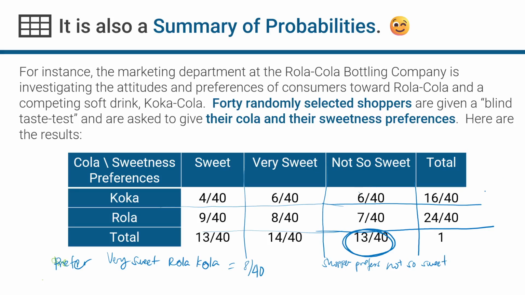So, what is the probability that the user prefers Coca-Cola? Okay, prefers Coca-Cola. So, that's it. But, what is the probability that a shopper will prefer a sweet Coca-Cola?